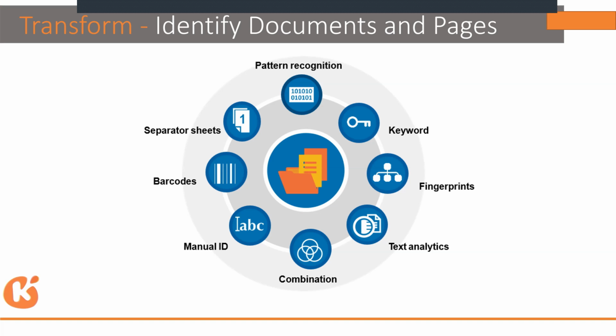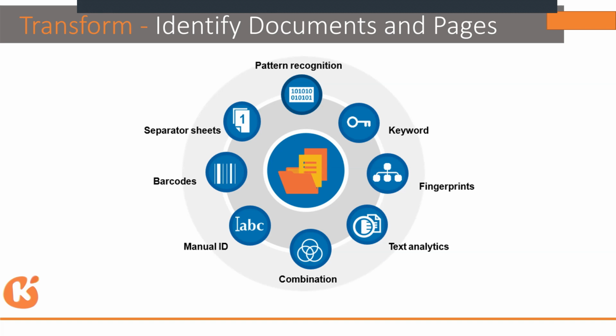Using the separator sheets, Datacap will identify the scanned documents. Basically, the user will put a separator sheet for each document to separate them. Datacap will automatically identify the documents using that separator sheet. A separator sheet might have some barcodes, basically.